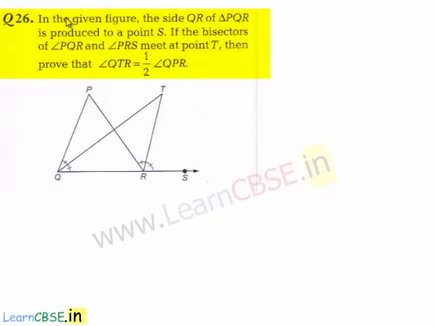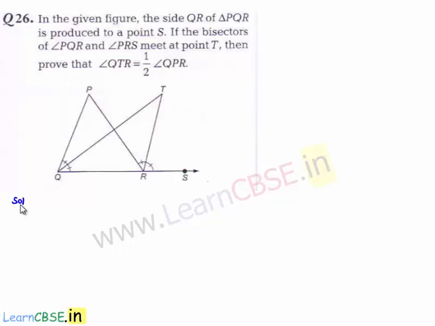Moving on to the 26th question. In the given figure, the side QR of triangle PQR is produced to a point S. If the bisectors of angle PQR and angle PRS meet at point T, then prove that angle QTR is equal to half times angle QPR.